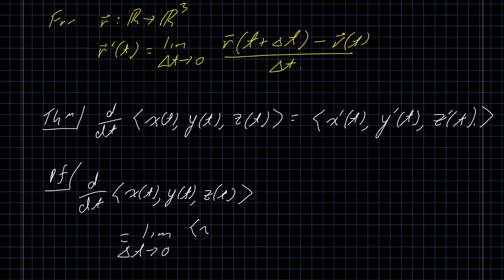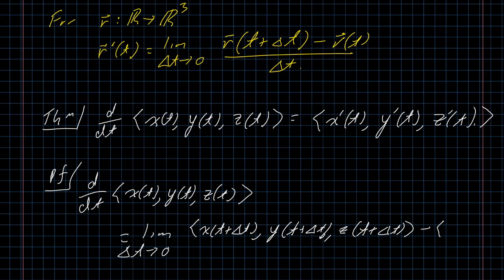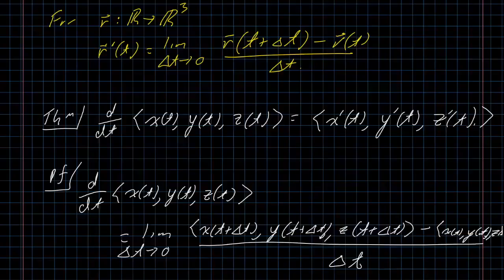So that's x of t plus delta t, y of t plus delta t, and z of t plus delta t, minus the vector r of t, which is just x of t, y of t, z of t, all over delta t.